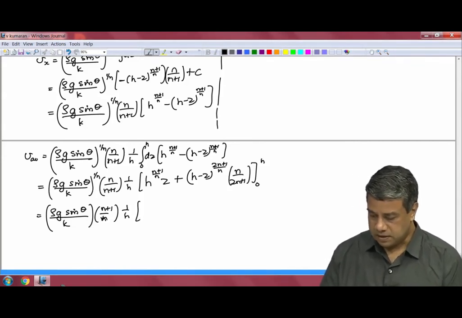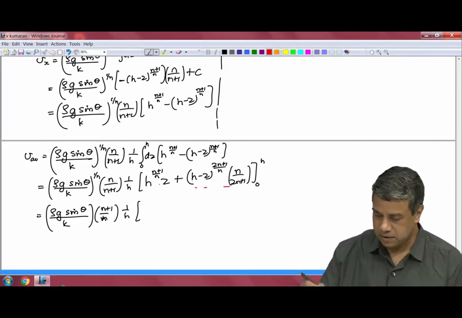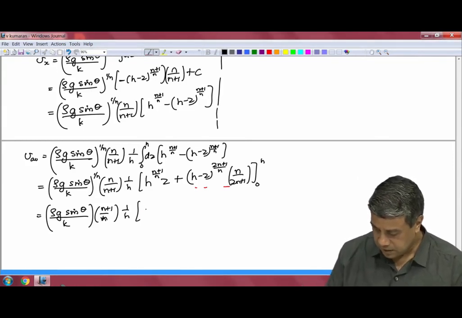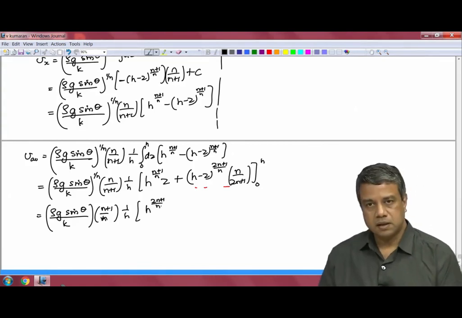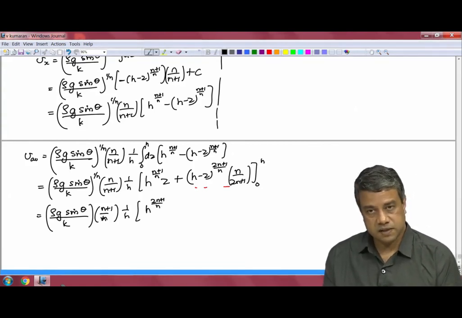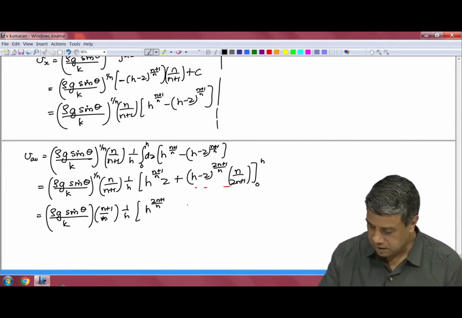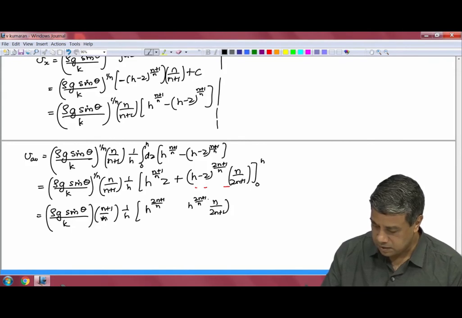At z is equal to h, the second term becomes 0. You have only the first term, and that first term is equal to h to the power (2n plus 1) by n. And at z is equal to 0, the first term is 0. The second term is h to the power (2n plus 1) by n into n by 2n plus 1. And you take the value at z is equal to h minus the value at z is equal to 0.